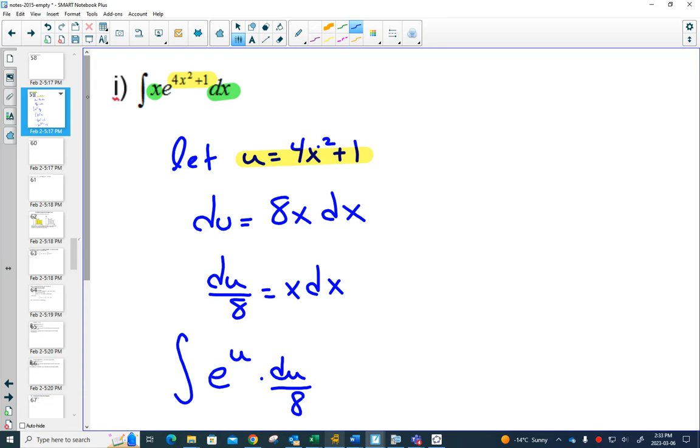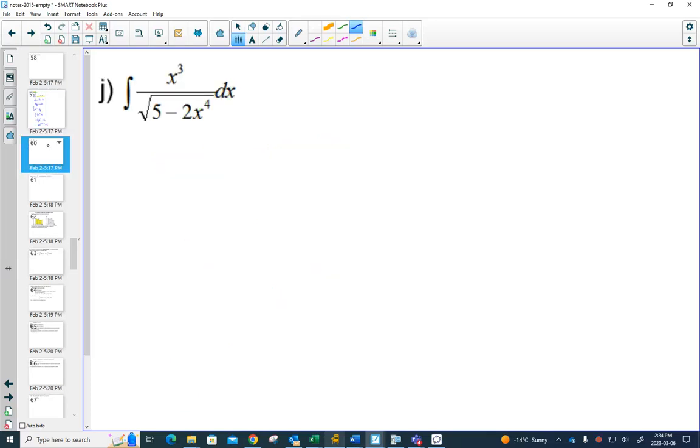Like the derivative of a parabola is a line. The derivative of 4x squared is 8x, which is a line. It doesn't matter that coefficient in front. We're going to be able to algebraically manipulate that out of there.